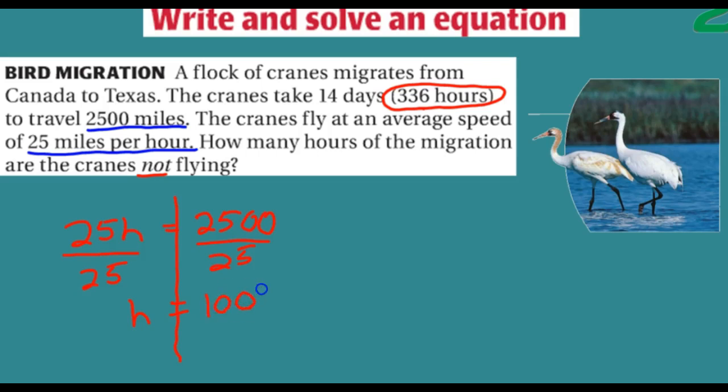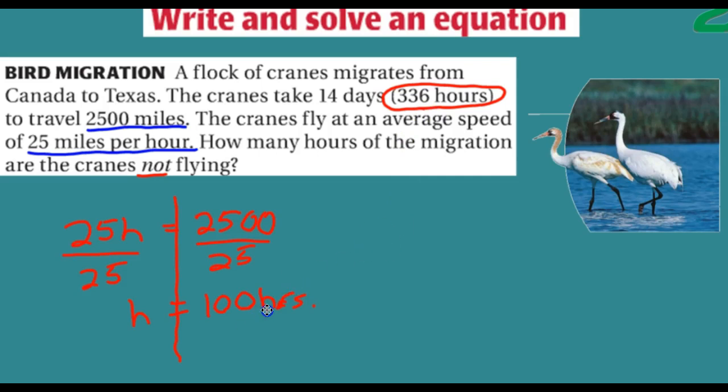Now this is 100 hours if they just decided to fly straight through. So if they were super cranes and they didn't have to rest, it would take them 100 hours just to fly straight from Canada to Texas. But we know that the whole migration takes 14 days, or 336 hours.